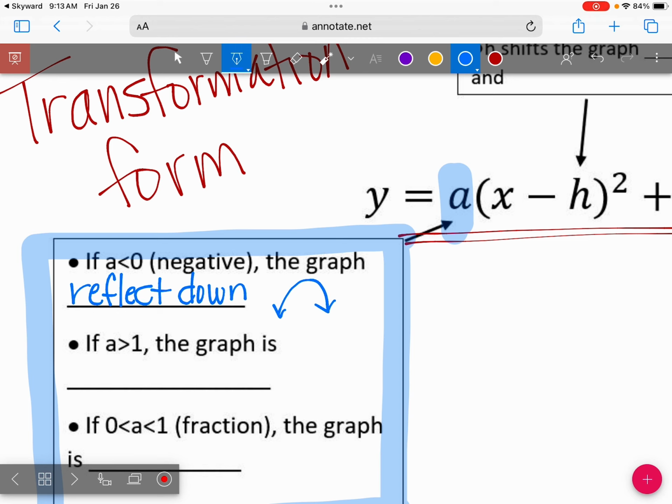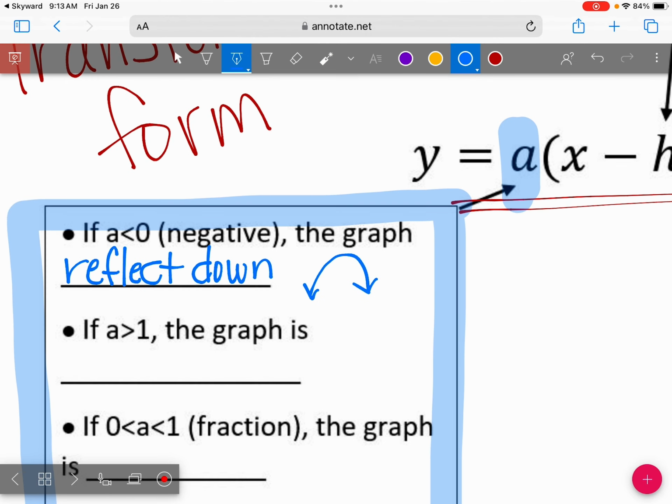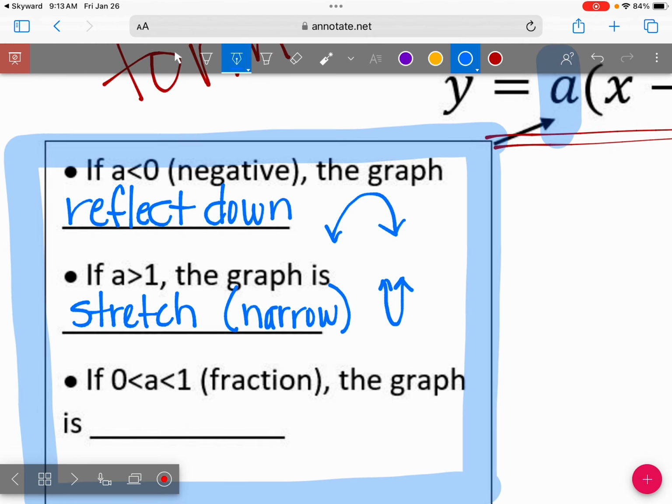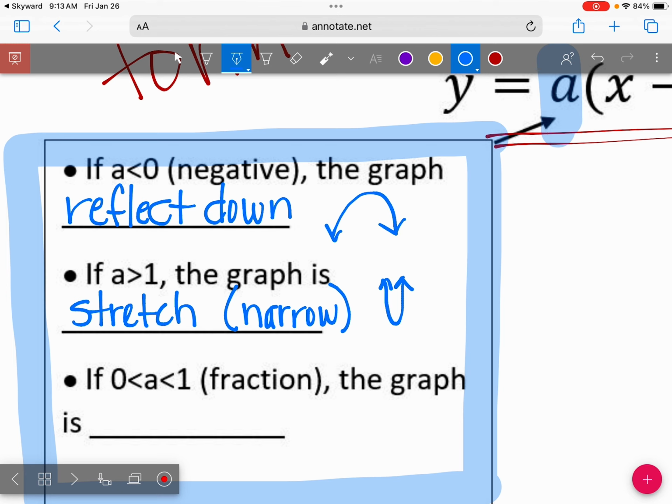Now, when A is greater than 1, it is going to cause it to stretch, or in other words, it gets narrow or skinny. So that makes your parabola look really skinny. That's what happens when A is greater than 1. And when A is a fraction, what's the opposite of narrow?